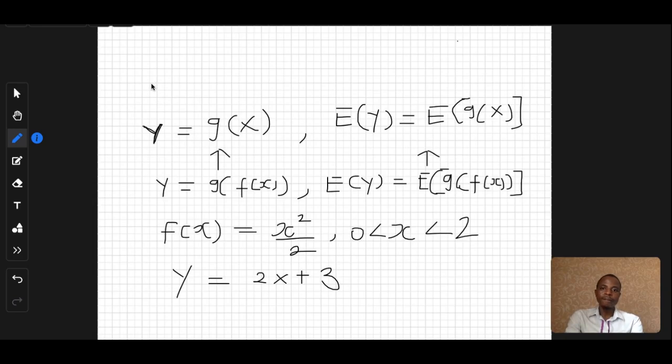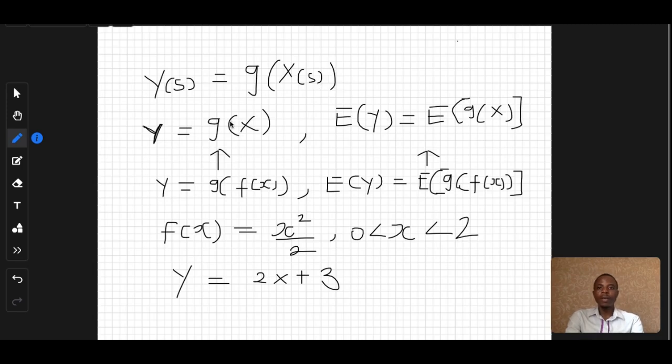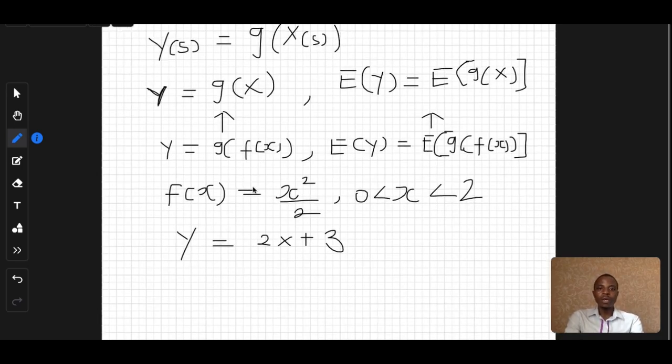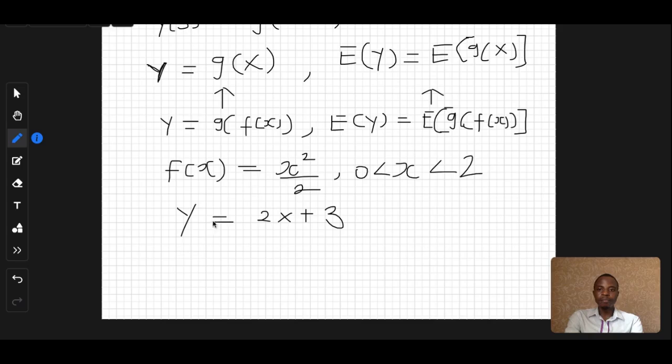In that case, we may write the sample space of Y to be a function of the sample space of X. So this is also a possibility. We may consider this too. Now look at this case. What we have here is not difficult.